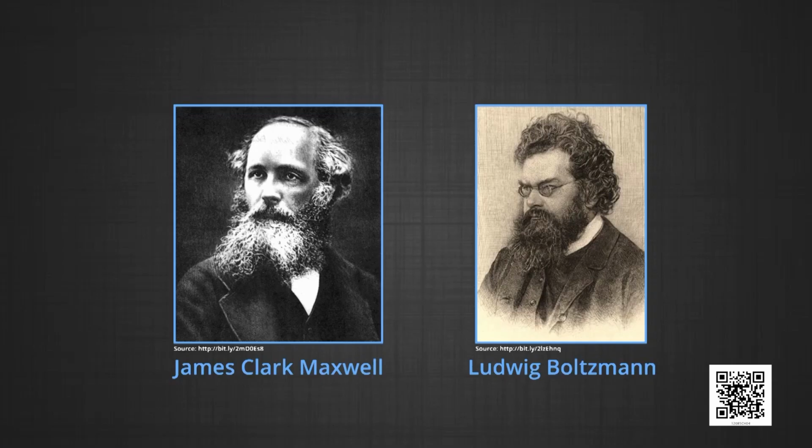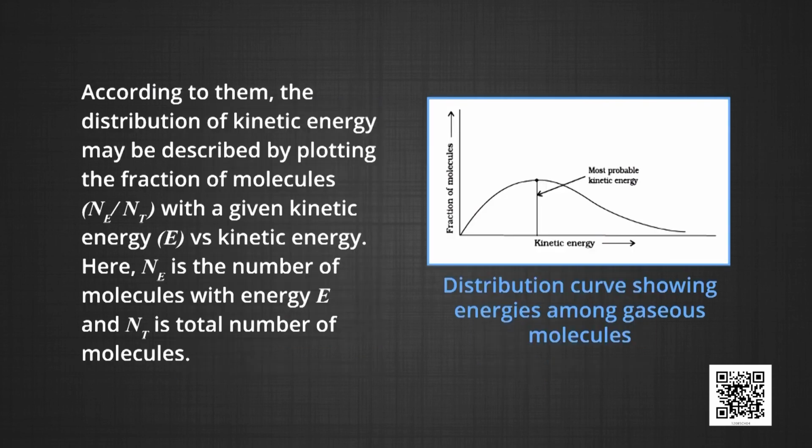All the molecules in the reacting species do not have the same kinetic energy. Since it is difficult to predict the behavior of any one molecule with precision, Ludwig Boltzmann and James Clerk Maxwell used statistics to predict the behavior of a large number of molecules. According to them, the distribution of kinetic energy may be described by plotting the fraction of molecules, that is Ne/Nt, with a given kinetic energy E versus kinetic energy.